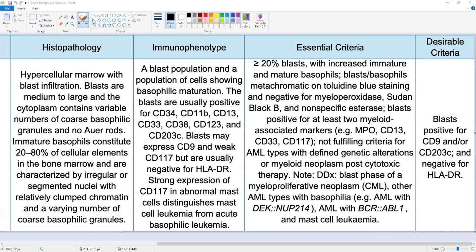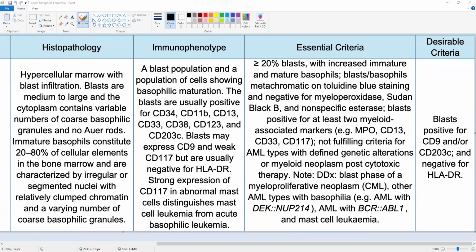As I said, it is characterized by weak CD117 expression, and CD117 shows strong expression in abnormal mast cells, distinguishing mast cell leukemia from acute basophilic leukemia. So CD117 can be used to differentiate acute basophilic leukemia from mast cell leukemia.